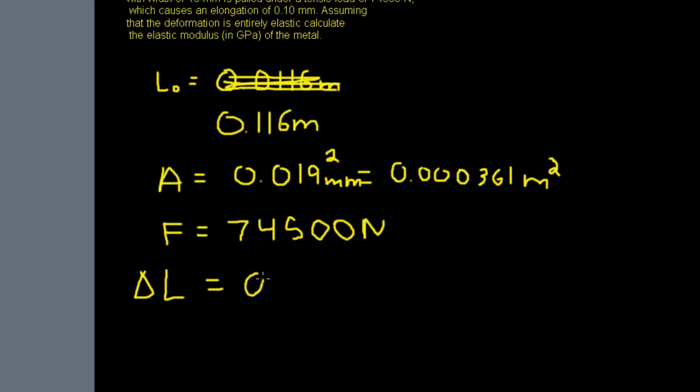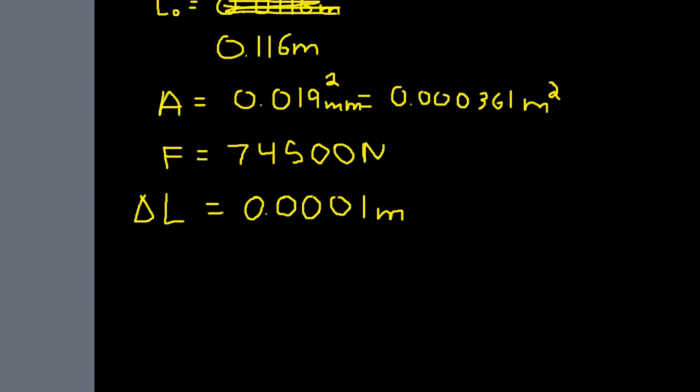So that is 0.0001 meters of elongation, because we're changing this value to meters. Assuming that it's entirely elastic, calculate the elastic modulus in GPa of the metal.